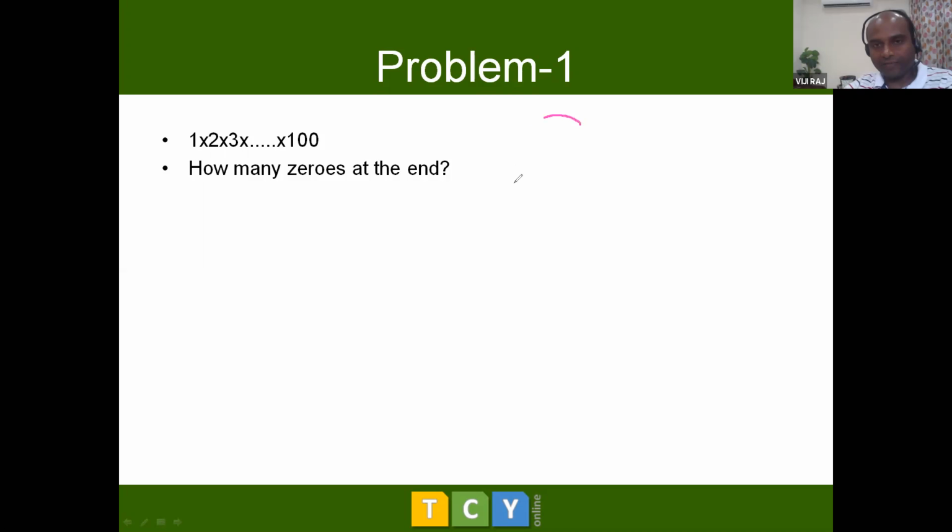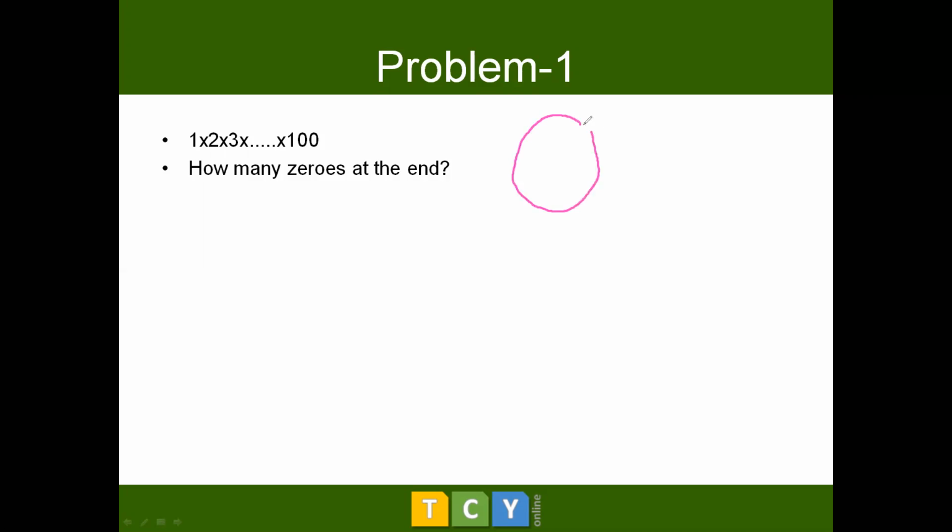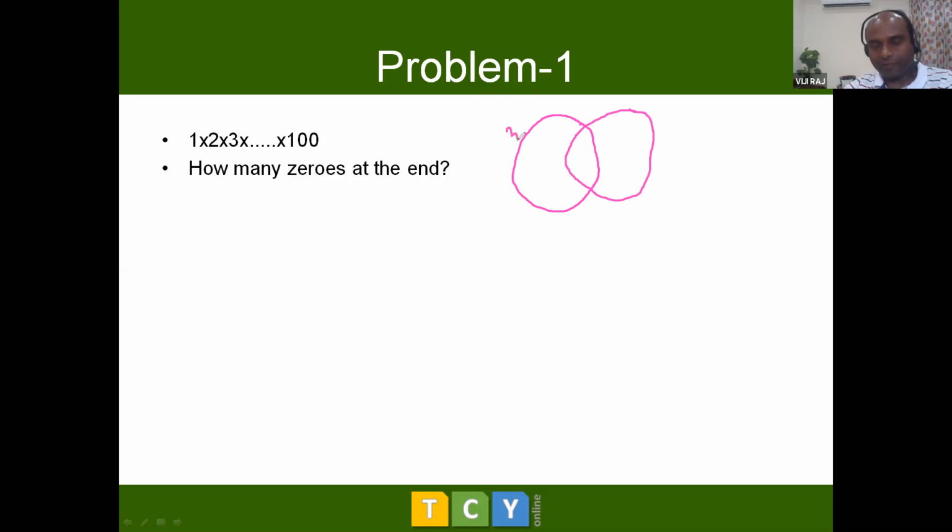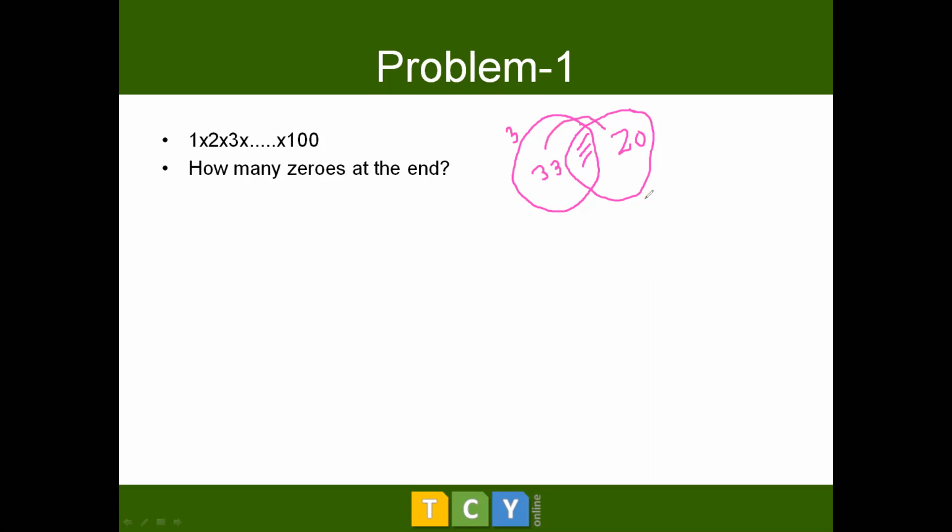So you remember the discussion that we had when we were doing some counting in the mental ability class, wherein we discussed that if there are two sets, let the first set be multiples of 3. You say there are 33 elements in this set, right? And the second is multiples of 5. You say there are 20 elements in this set. Some of them will be common, so you have counted them at both places.